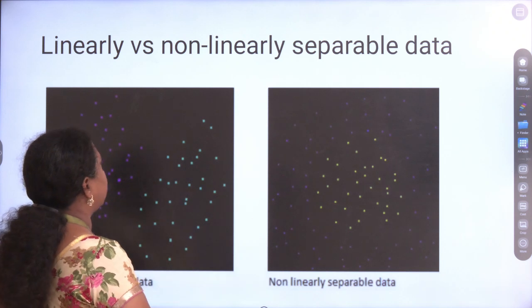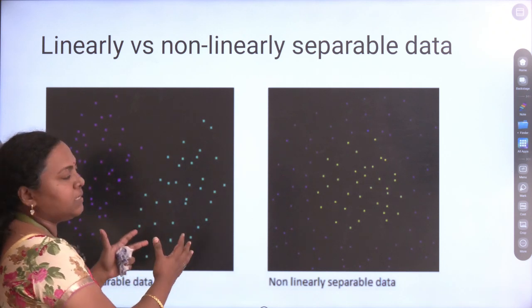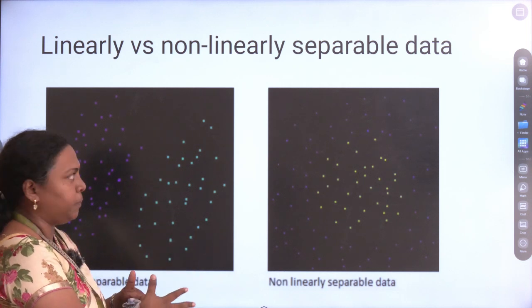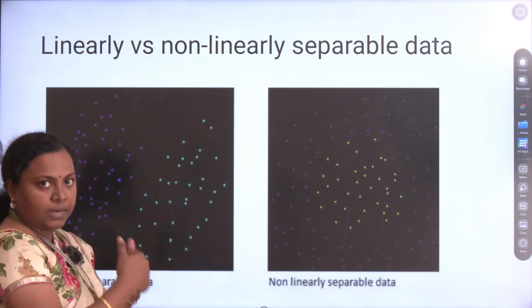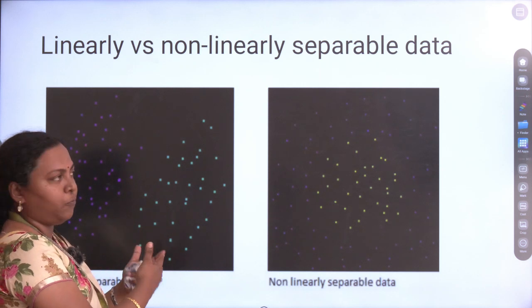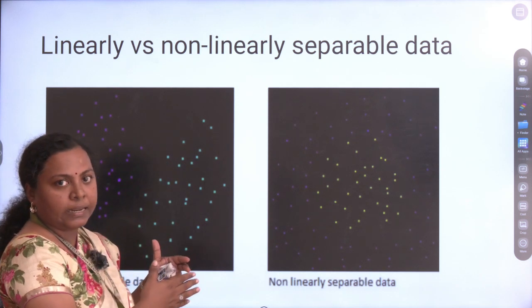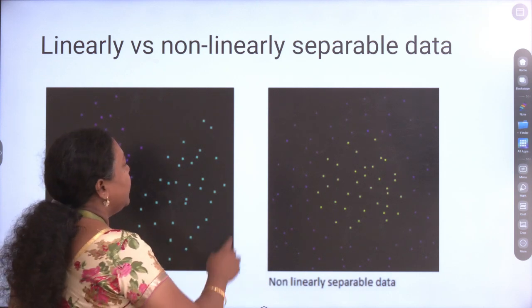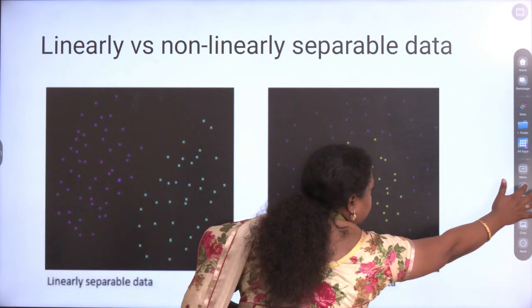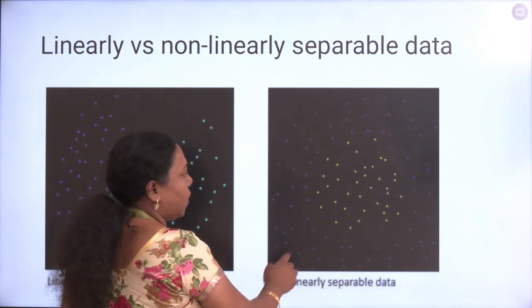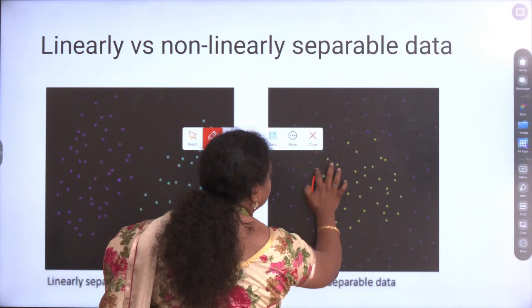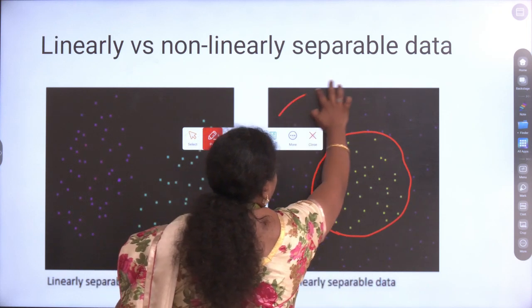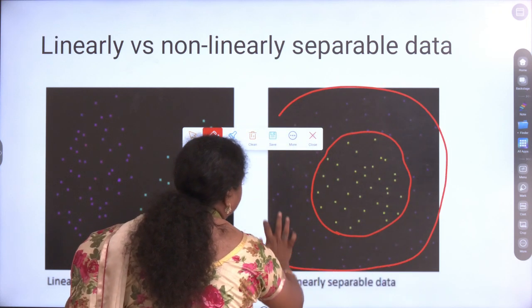We'll see another example. This one tells us the need for handling non-linear data, and how it has to be separable. If the data are linear, as we said before, we can draw a clear line that separates the two kinds of data. In this case you can see the data are non-linear: these data are similar and the other data are similar.